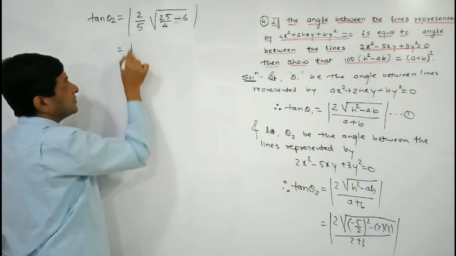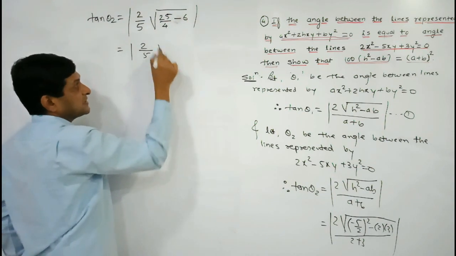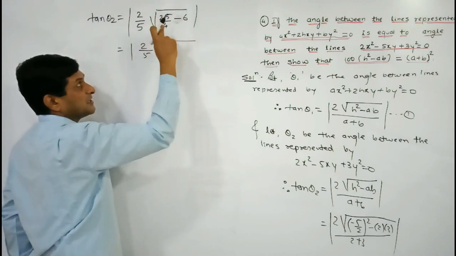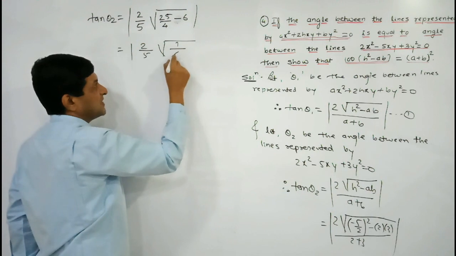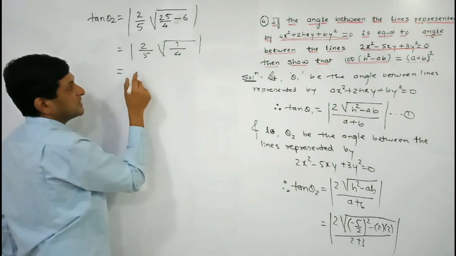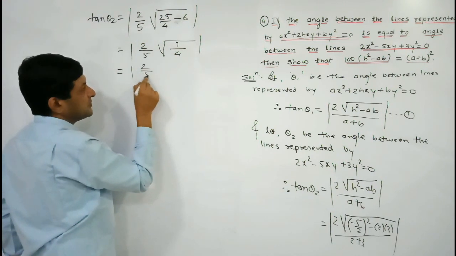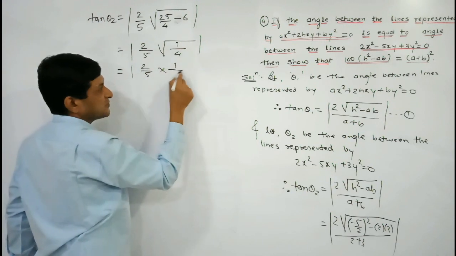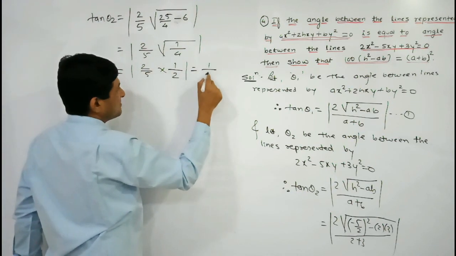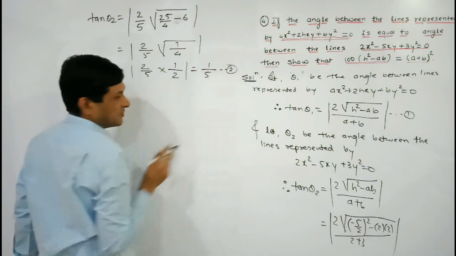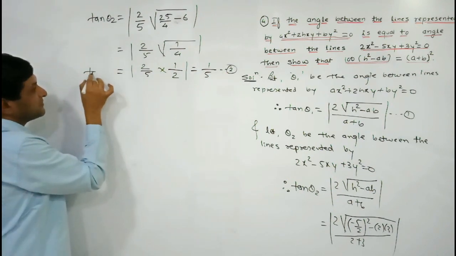This is equal to 2 upon 5, keep it as it is. Taking cross multiplication, 4 into 6 is 24, and 25 minus 24 is 1 by 4. So this is equal to 2 by 5 into its square root, 1 by 2, and after cancelling 2 we get 1 by 5. Let us denote this value by equation number 2.